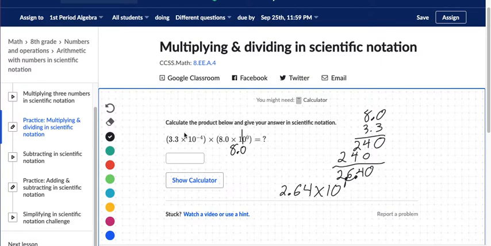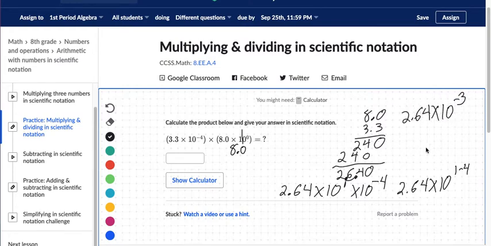Okay, so now let's multiply times 10 to the negative 4, and we have 10 to the 1 times 10 to the negative 4. So that's 2.64 times 10 to the 1 minus 4, which is a negative 3. So 2.64 times 10 to the negative 3. And that should be our answer.